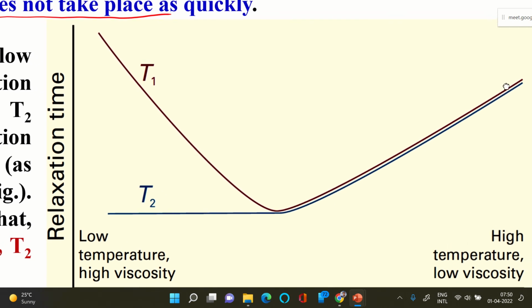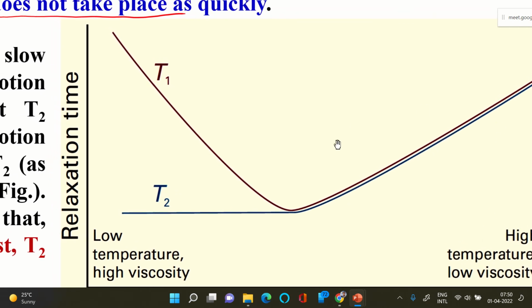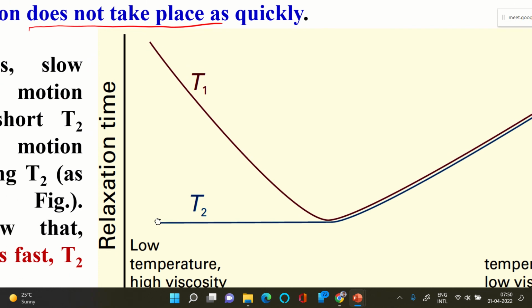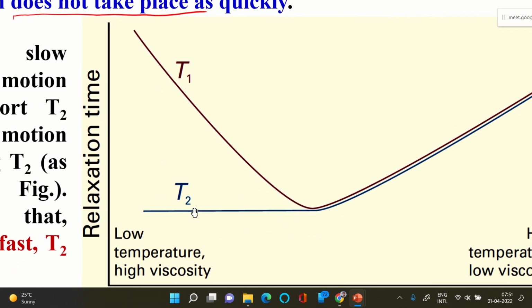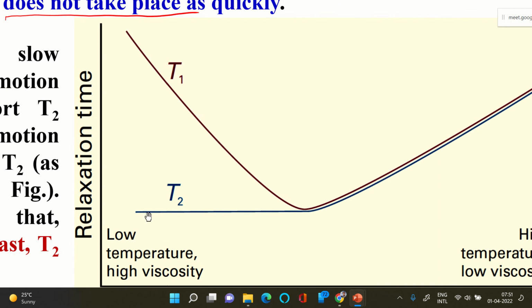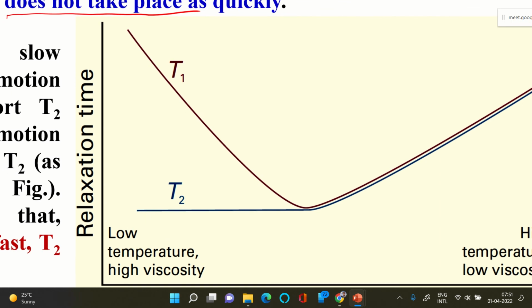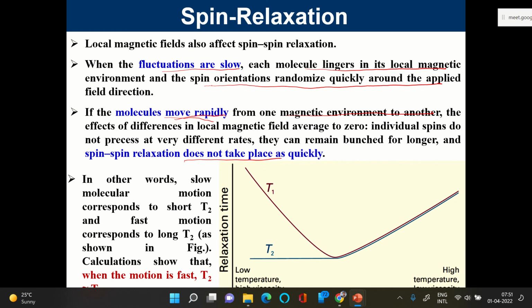When the magnetic field fluctuation is more, then the time scale is short. So this is the graph that we were getting. In other words, slow molecular motion corresponds to shorter T2, and fast motion corresponds to longer T2, as shown in the picture.